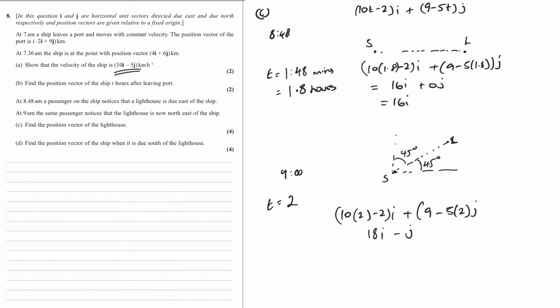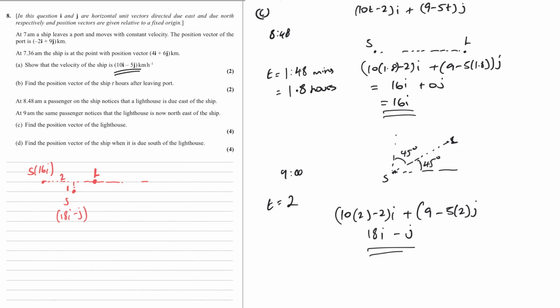So we've got the positions of our ship. Let's think about what's happening. Here's my ship initially at 16i. It then ends up, say here, at 18i minus j, because it's gone across 2 and down 1, hasn't it? Now, at the beginning, I know that my lighthouse had to be on this line somewhere.